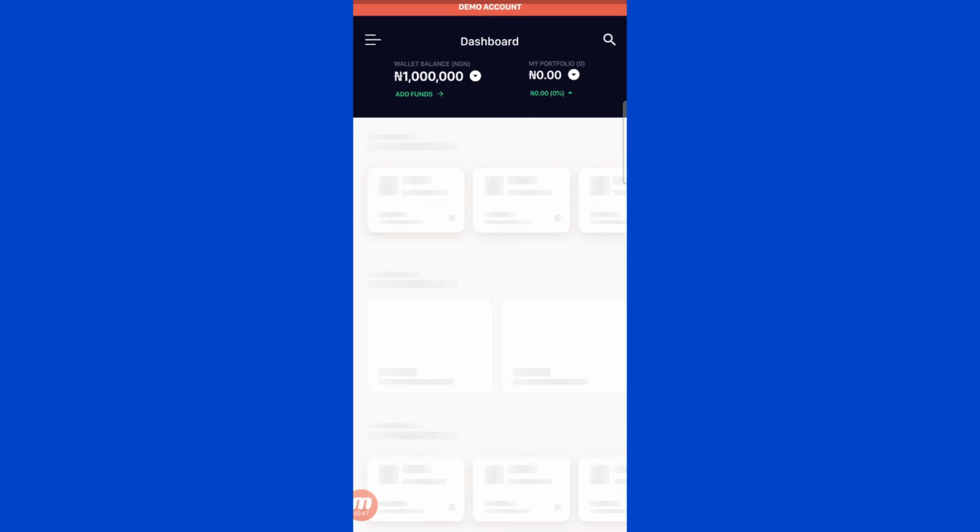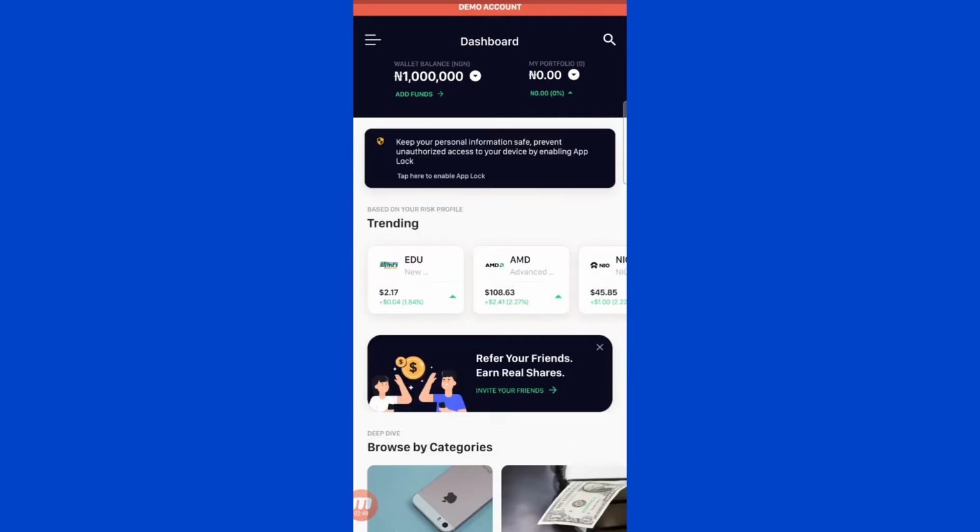This is currently the only platform that allows you to have a demo account and just practice, right? So with the demo account, you already have 1 million naira to play with. So for the sake of this video, of course I would be using the demo account so we can actually buy some stocks, trade, and see how it goes with the platform.